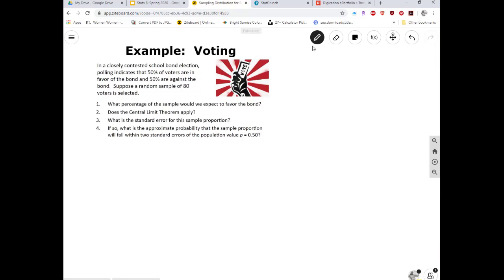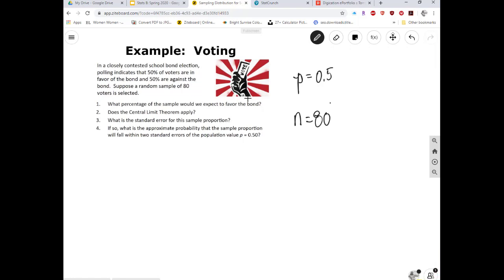Okay, so I'm going to do the same thing as before. Go ahead and read this out, figure out what I know, and start answering the questions. So it looks like they did some poll and 50% of the people were in favor of this bond and 50% were against. So according to their poll, the true population proportion in favor or against is 0.5. Awesome. And now I'm going to take a random sample of 80 people and do my own experiment.